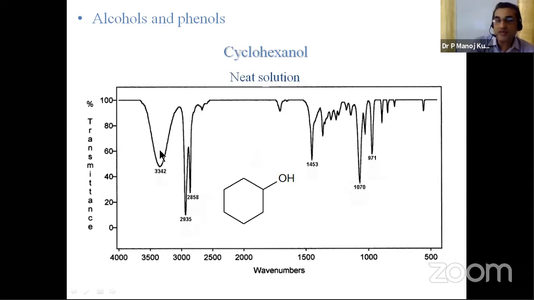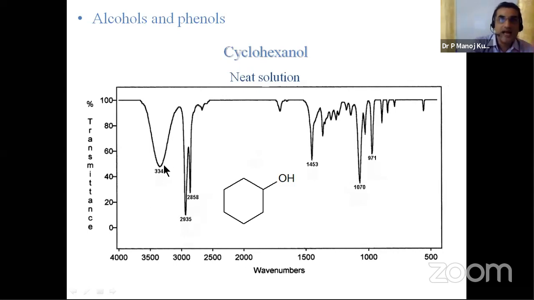Why will the OH be shifted to higher wave number? Because the extent of hydrogen bonding in case of an alcohol and a phenol is less, whereas in case of a carboxylic acid the hydrogen bonding is intense. That is why you are getting it near 3000. Whereas in case of an alcohol and a phenol, you will get the OH stretch at higher wave number, around 3600 to 3650.